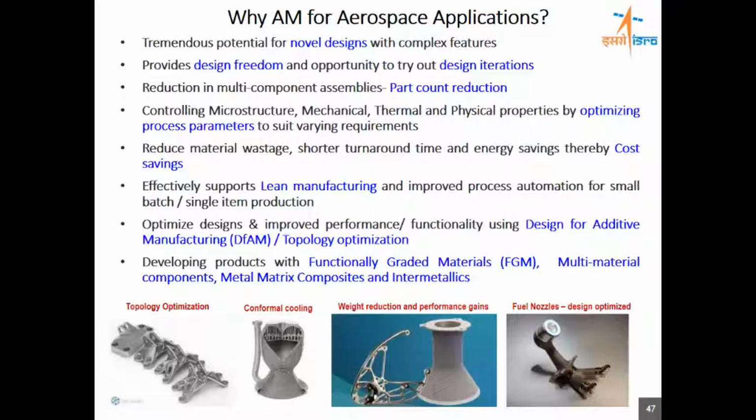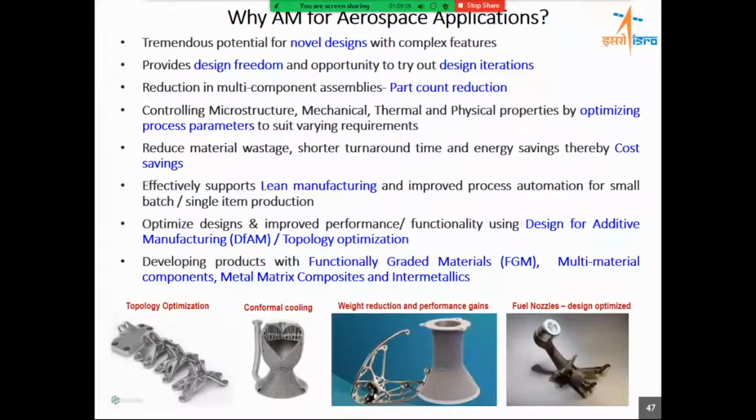Of course, DFAM or design for additive manufacturing and topology optimization, you can optimize the designs and lead to improved performance and functionality in the part. And also it is possible to develop functionally graded materials and multi-material or even metal matrix components through this technique. And also production of intermetallics, which is very difficult through conventional melting and forging routes.